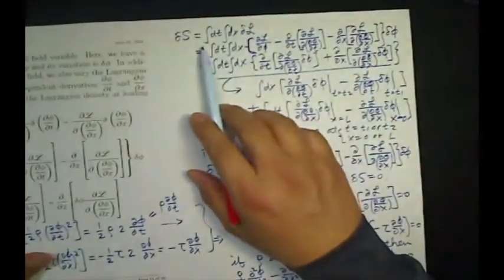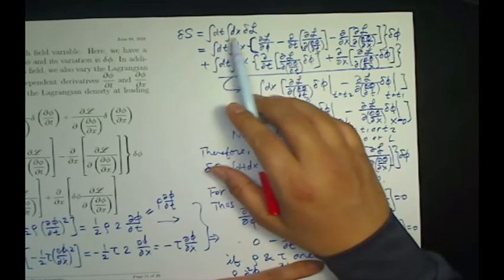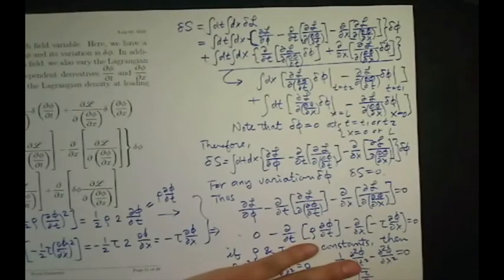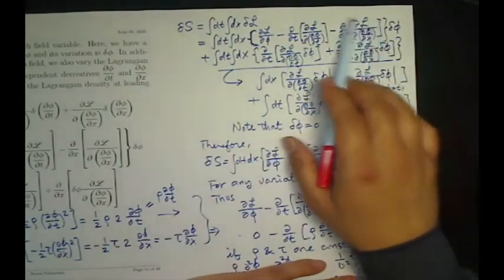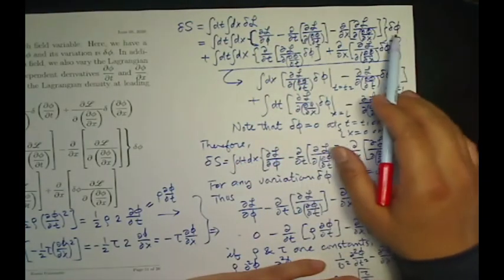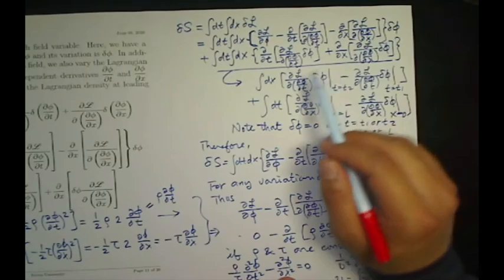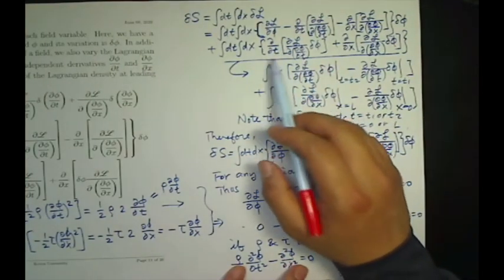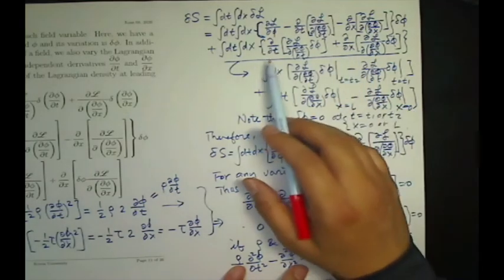The variation of the action should be the integral over time and space of the variation of the Lagrange density function. As I already stated, this part is the usual part, multiplied by the variation. And we have the contribution of a total derivative with respect to time and a total derivative with respect to space.